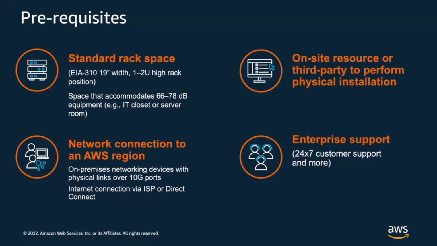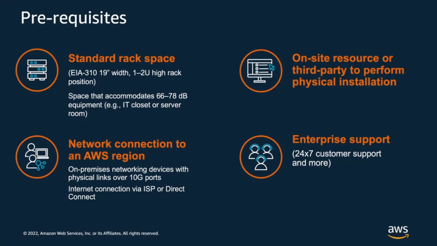So that's the 1 or 2 U of rack space available. That's the 10 gig networking capability. And we also do want to point out that this equipment is known to be loud. It runs around 66 to 78 decibels. So you don't want this in the middle of a space where people are having conversations.